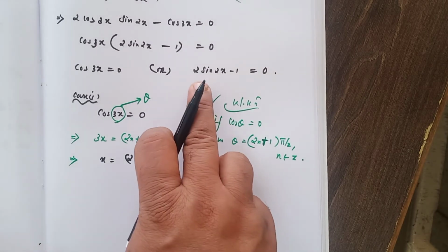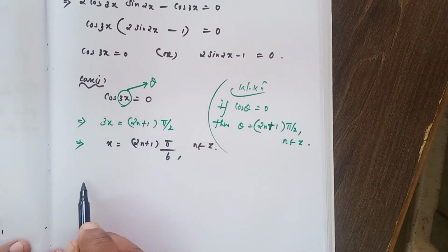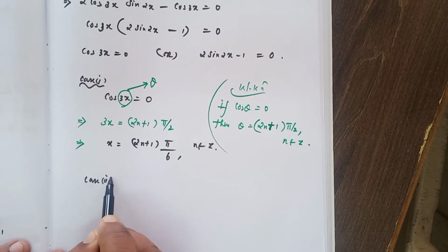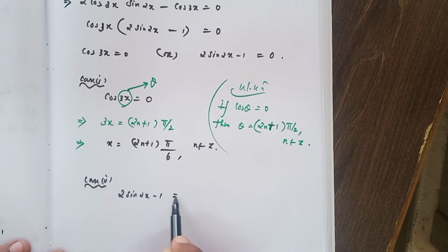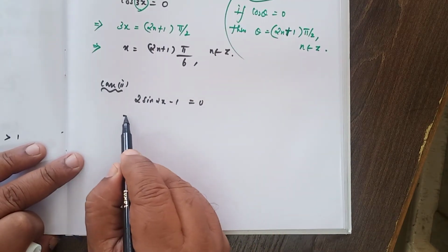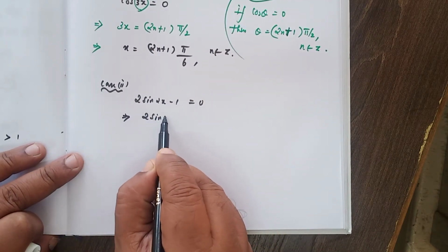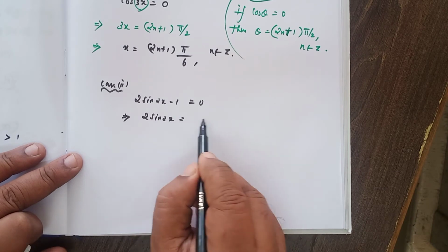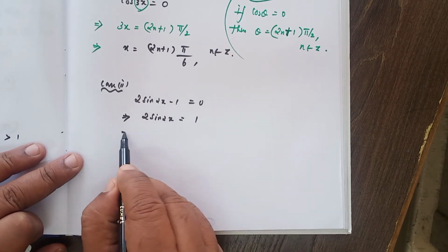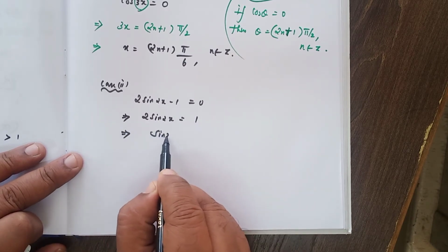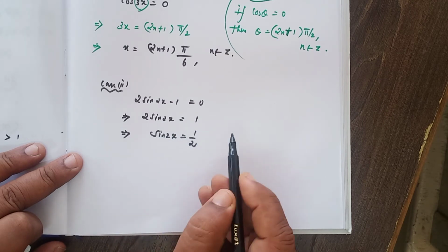Now case 2, 2 sin 2x minus 1 equals 0, which implies 2 sin 2x is equal to plus 1 comes to the right hand side, which implies sin 2x is equal to 1 by 2.